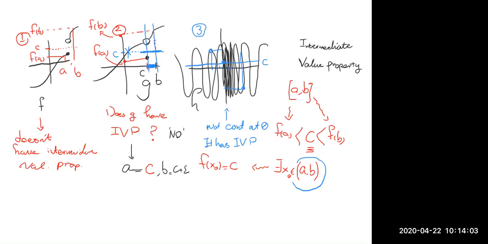okay, I would erase these things. So sine of 1 over x is an example of a function. Let me write it a little bit more carefully. Sine of 1 over x is a function defined on R minus 0 to R. It's actually continuous on its domain.